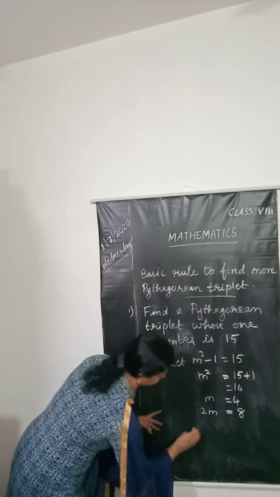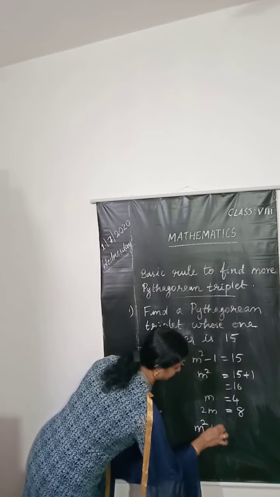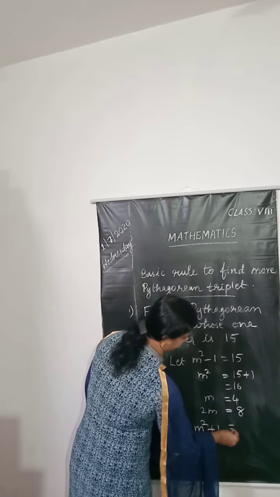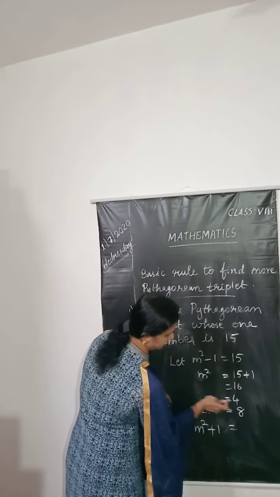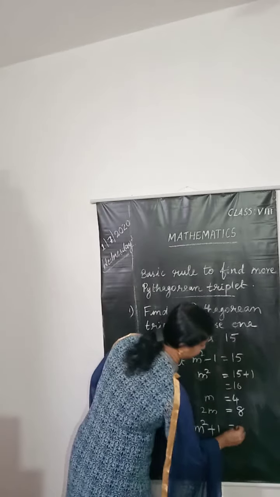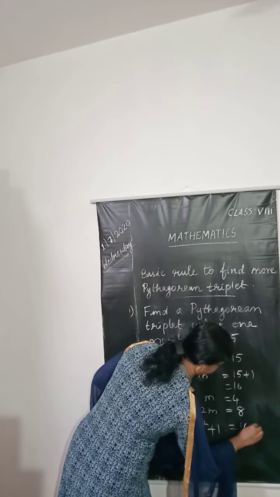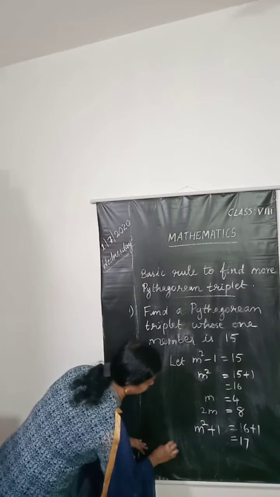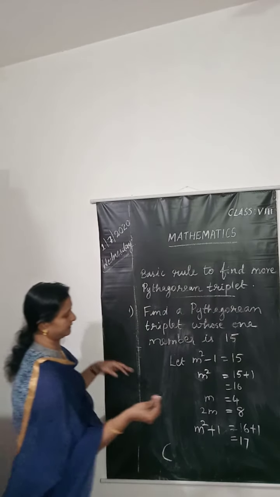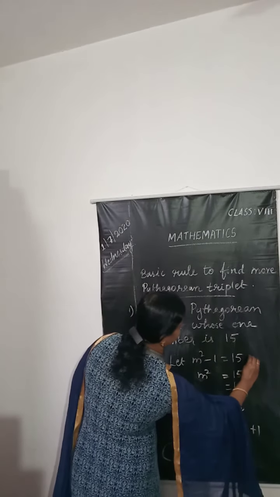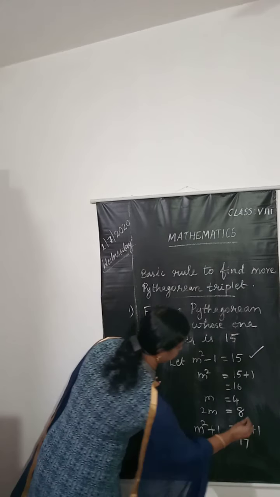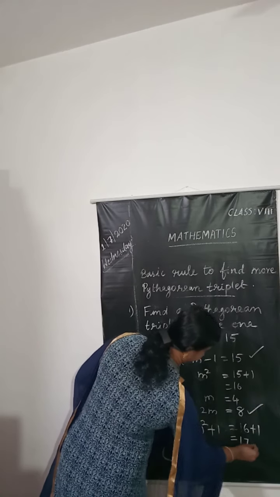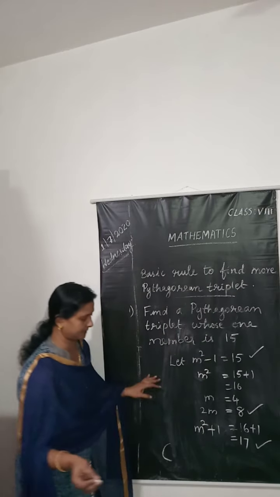The other one is m square plus 1. m is equal to 4, so m square is 4 square, that is 16, plus 1, which is equal to 17. So the members of the triplet are, one is m square minus 1, the next one is 2m, and the third one is m square plus 1.